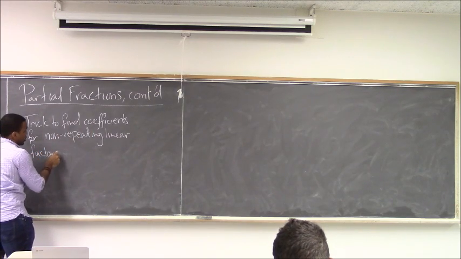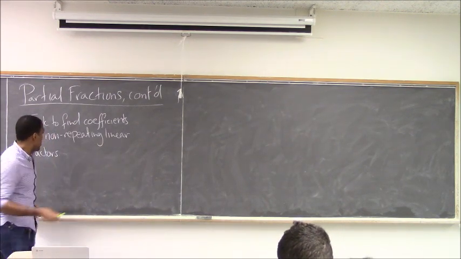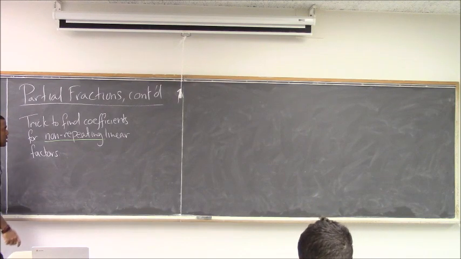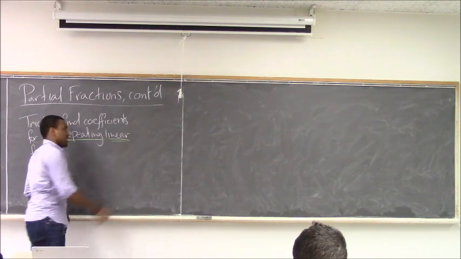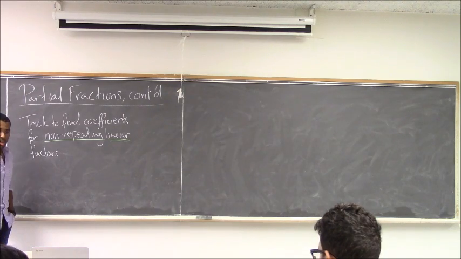The trick I'm about to show you doesn't work in any other case. It works for non-repeating, meaning the factor doesn't have a power like a square or a cube on it, and it has to be linear, meaning it looks like ax plus b or whatever, for non-repeating linear factors.